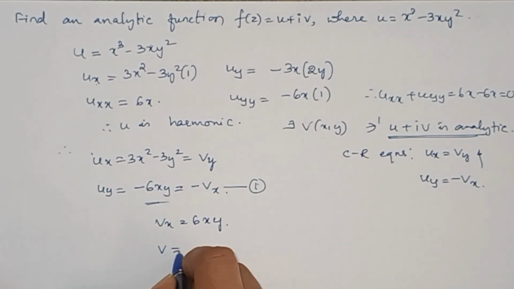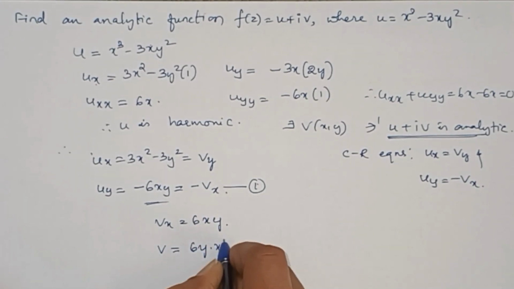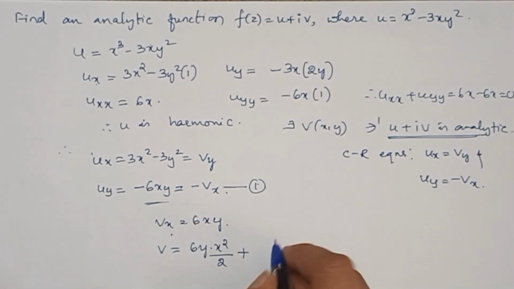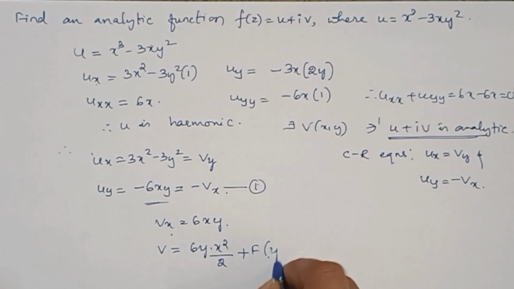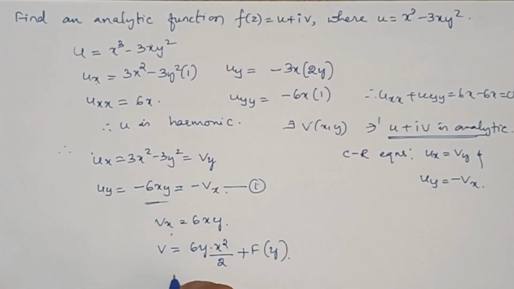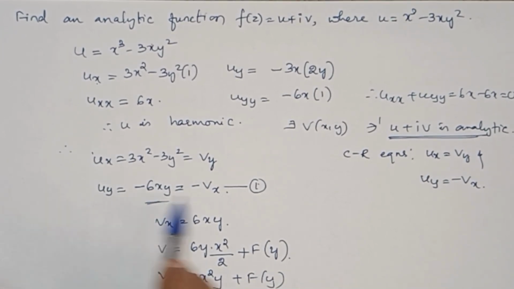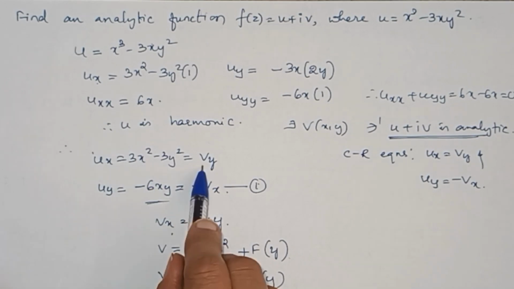So we'll get v equal to 6y into x square by 2, plus integrating with respect to x means adding constant as a function of y. So this gives you 3x square y plus fy. This is the function v. But we have here, make use of this another equation.